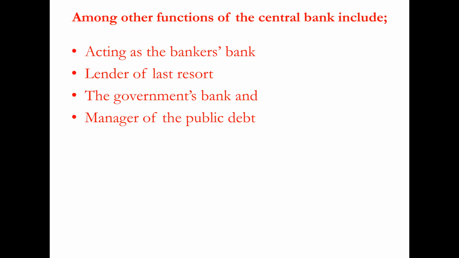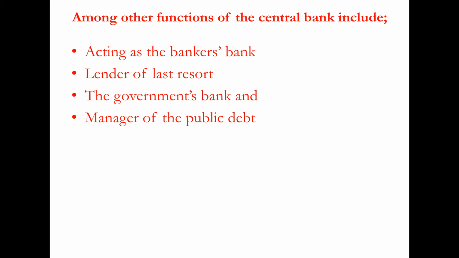The lender of last resort. To be a lender of last resort simply means you cannot go to the central bank to borrow money, you can't go to get a loan from the central bank. But what happens is that they serve the commercial banks. For example, when Zanaco is bankrupt, or if they don't have enough liquidity, they don't have money, they can go to the central bank and borrow at an interest, of course.